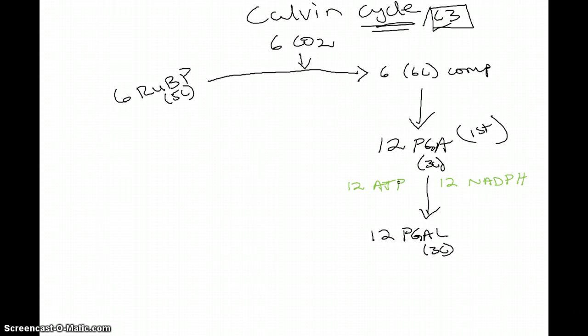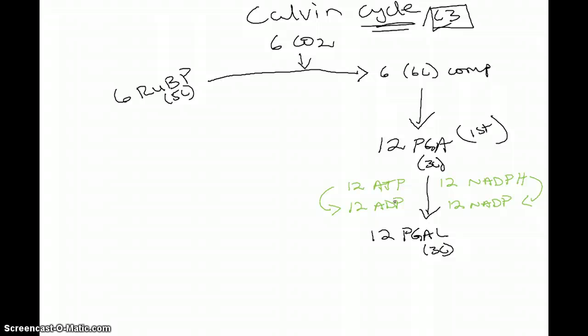Now, since the Calvin cycle recycles everything, these NADPH are oxidized into 12 NADP, and these 12 ATP are dephosphorylated, meaning they lose phosphate and turn into 12 ADP, which will later be recycled back into the light-dependent reactions.